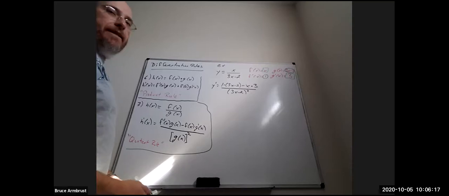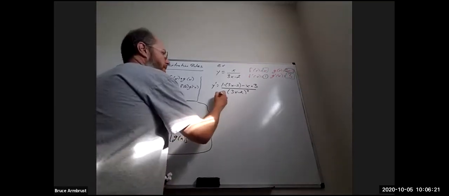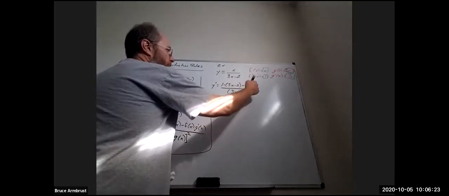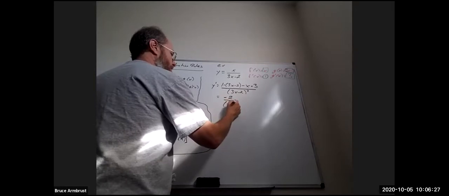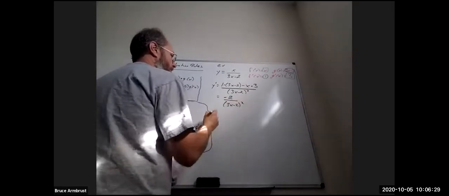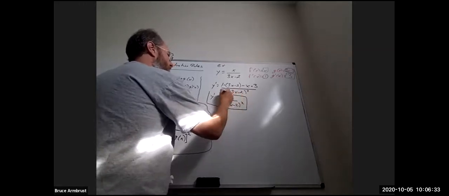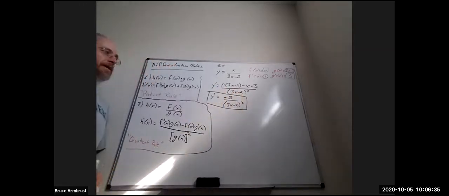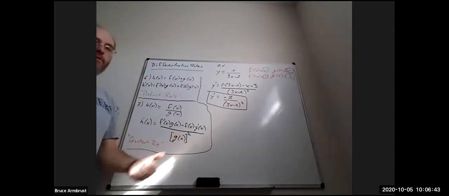Now this one I am going to simplify a little bit, just because I can. 3x minus 2 minus 3x just leaves me with a negative 2. So we get y prime is equal to negative 2 over 3x minus 2 squared. So that's the derivative of this function using the quotient rule.